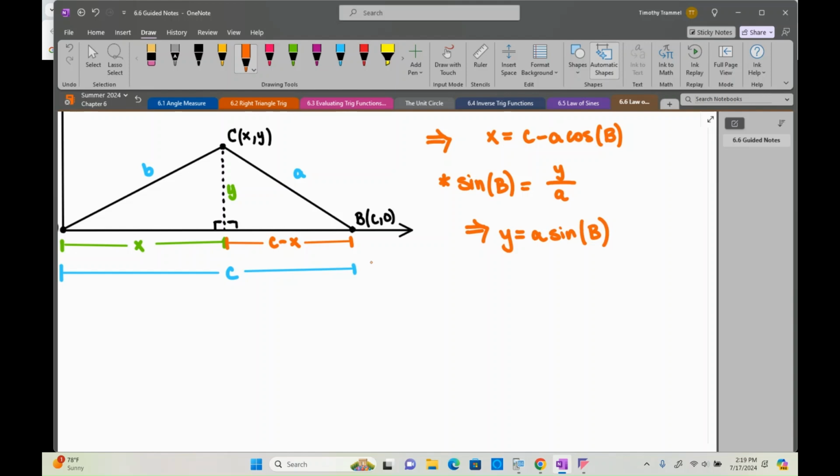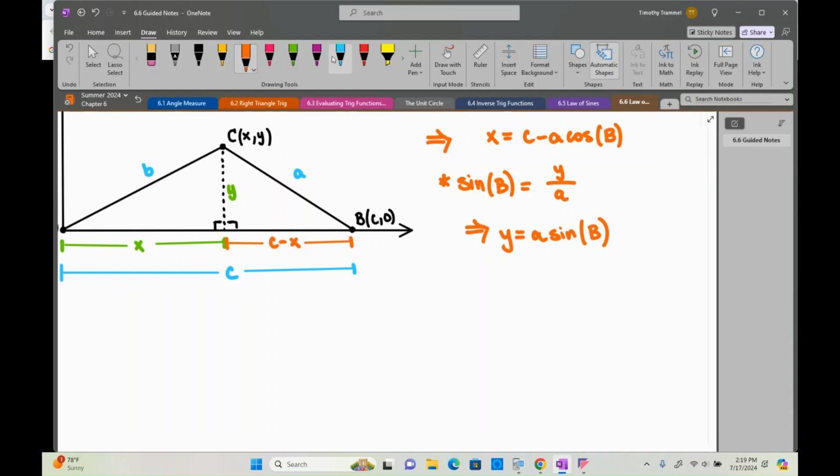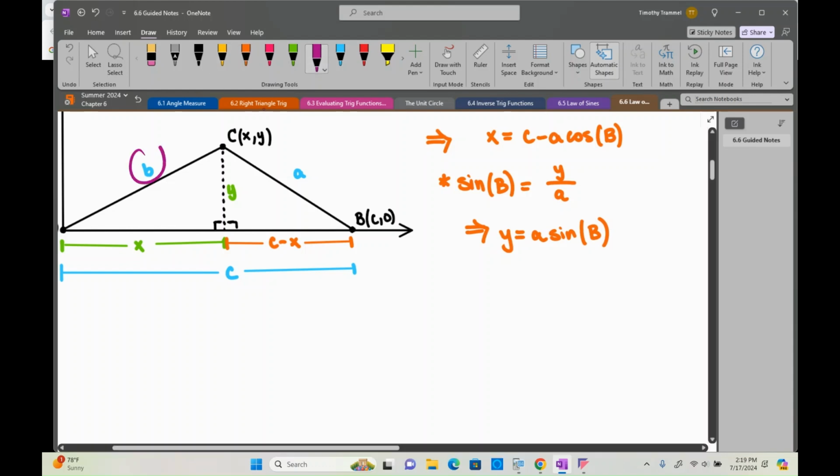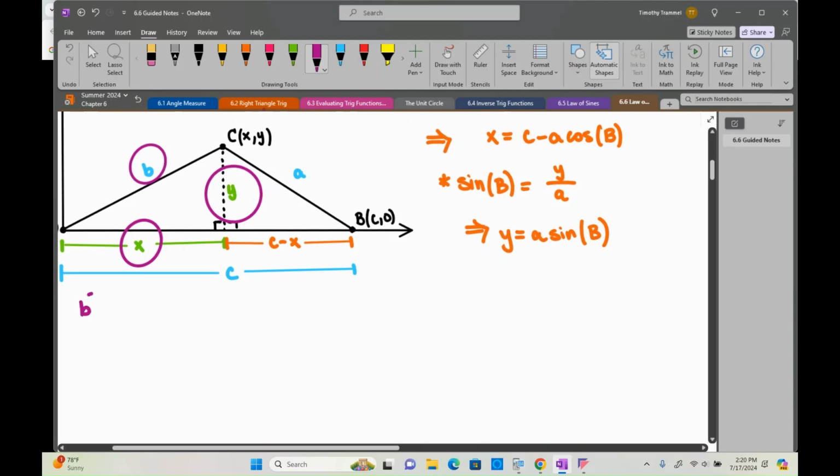And I want us to now focus in on the other triangle, this one here on the left, the other right triangle. I could actually apply my Pythagorean theorem using these three values here. So I'm going to say b squared is equal to x squared plus y squared.